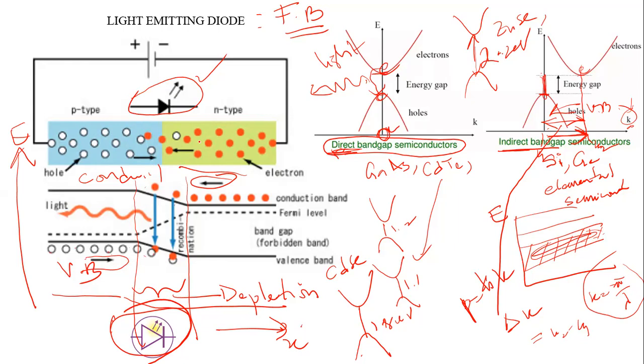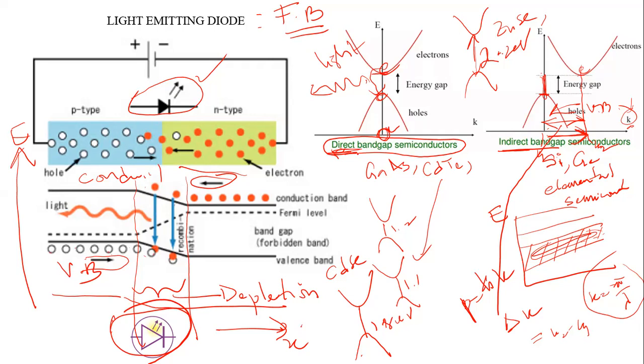For every pixel element, there will be light emitting diodes which can emit all those primary colors. Depending on the combination of those primary colors, I can see various colors of light on my laptop screen. So it is a very important technological advancement which is achieved with the discovery of all these direct bandgap semiconductors.